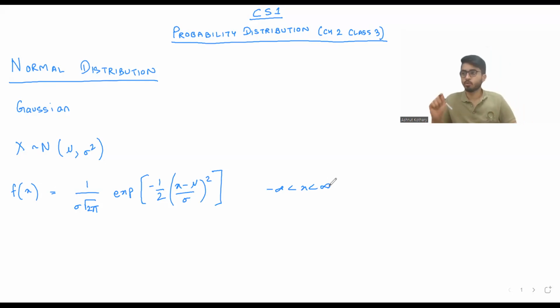Keep in mind, mu can take any value, positive or negative. Sigma square has to be positive. I mean, sigma square, or more technically, sigma, needs to be positive. So sigma, you can write it down, must be positive. Mu can take any value. In doubt?